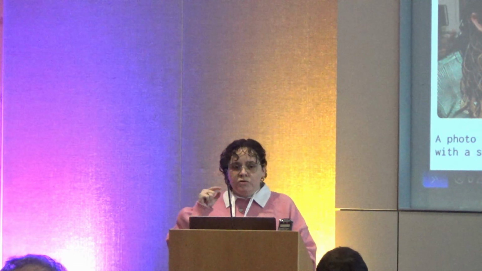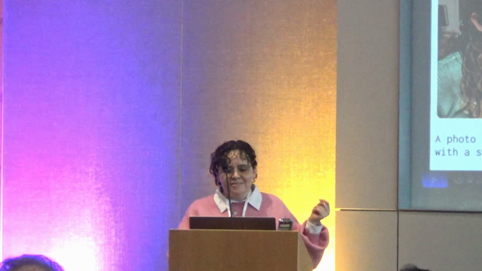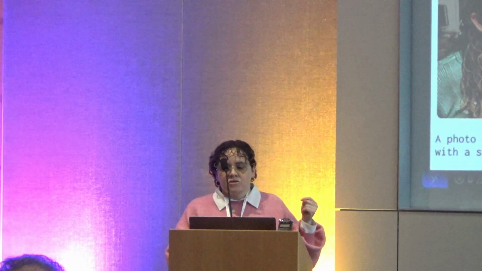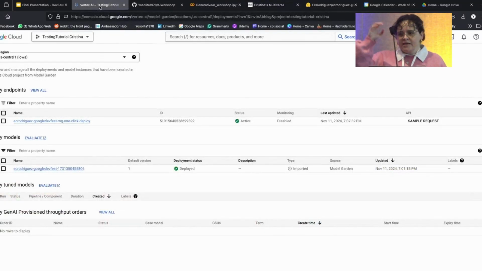But the thing with Model Garden is that the API is running all the time. So it doesn't have this serverless thing where the server spins down when it's not used, and if it's used, it turns on the server. No. It's running all the time. So it could be very expensive. And even when we deploy them with one click, they give you the bare minimum.